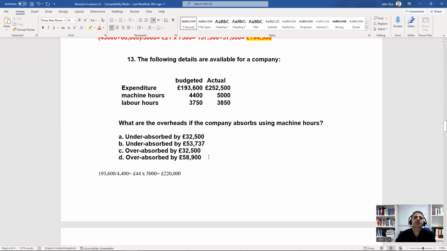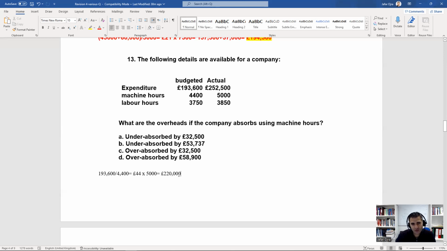But the question is, is it over or under absorbed? Of course, it's 220,000 but the actual is 252,500. If it does increase, if we add it, this means it's under absorbed. Under absorbed we add. If it's over absorbed, we take away.